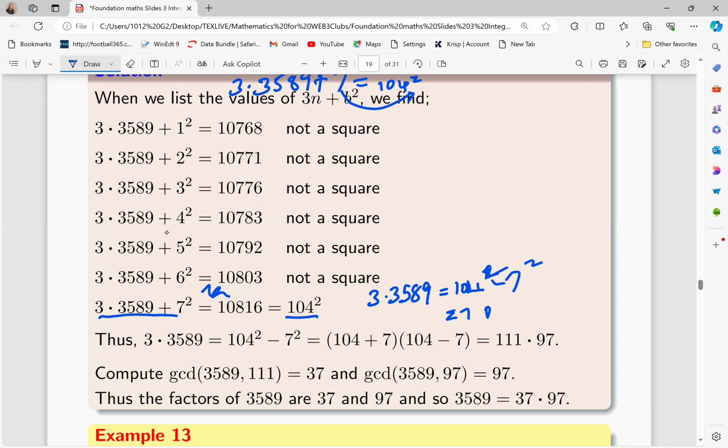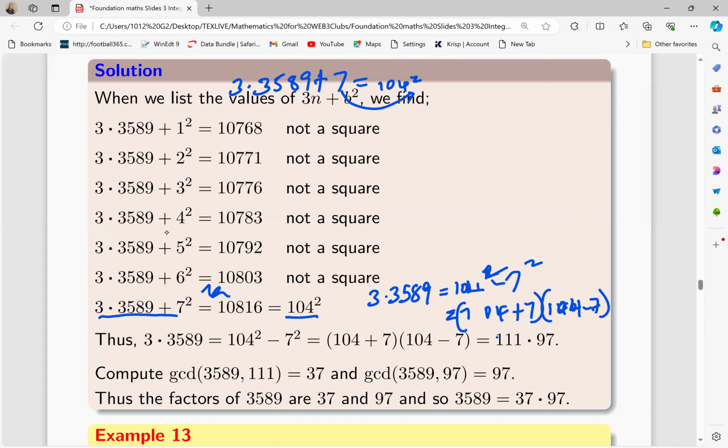It will be 104 plus 7 multiplied by 104 minus 7. So when you add 104 plus 7, what you get is 111. And when you subtract 7 from 104, what you get is 97.